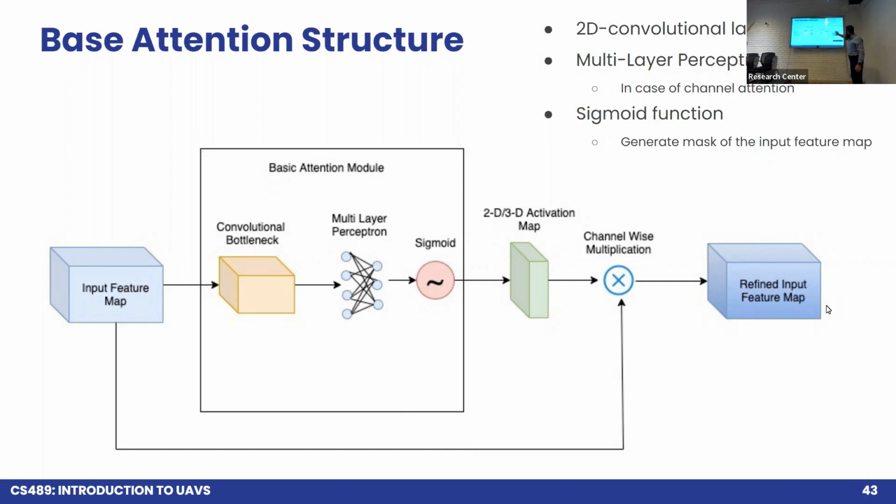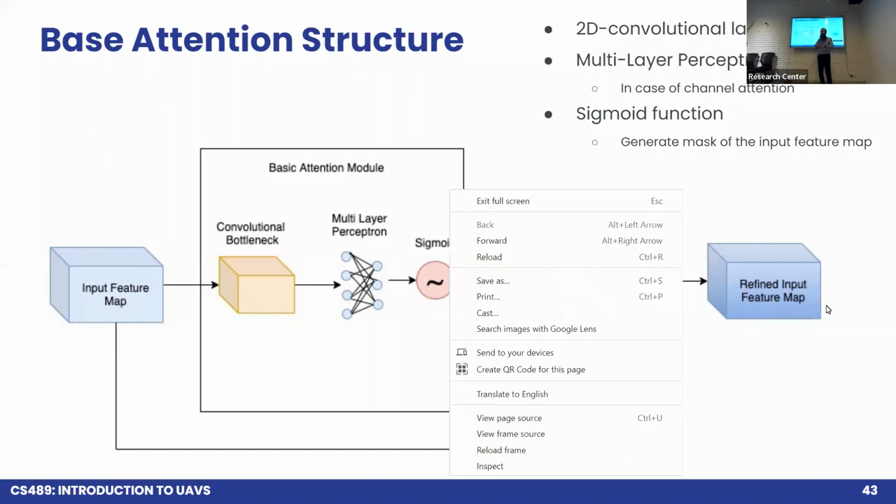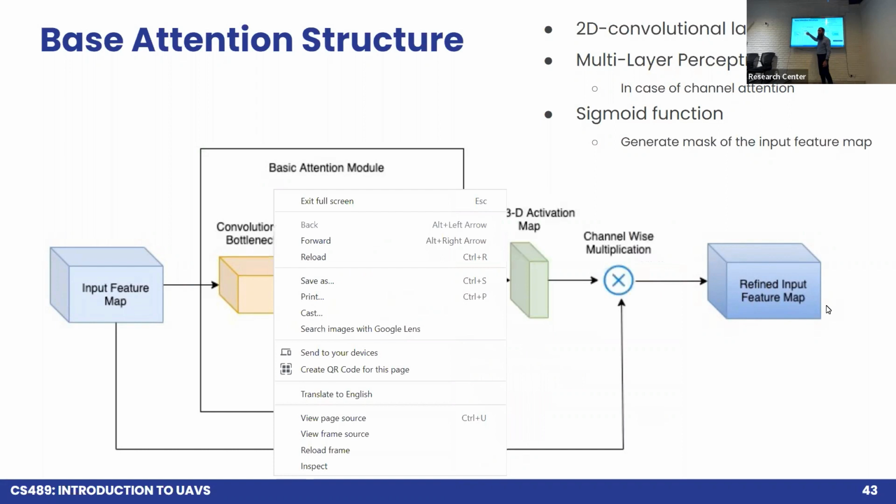So how do we create this one? We're going to have an attention module. Basically, it will be a convolution block or average pooling block with some multi-layer perceptron, dense layers, and non-linearity through sigmoid. Now it's up to you to decide what to put as convolution, what to put as average, how to stack them.